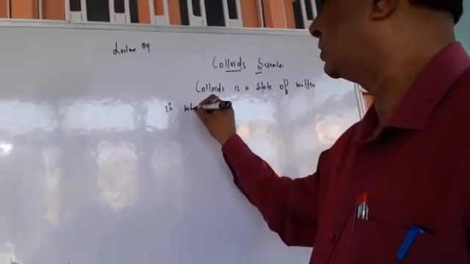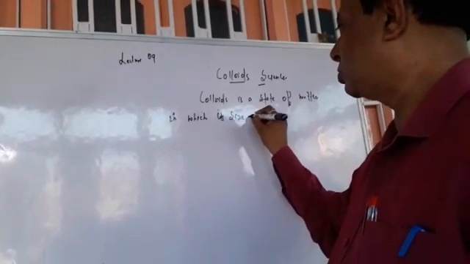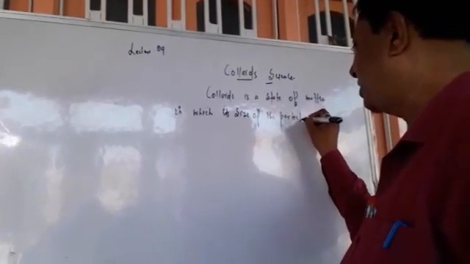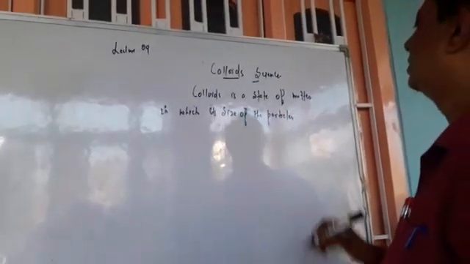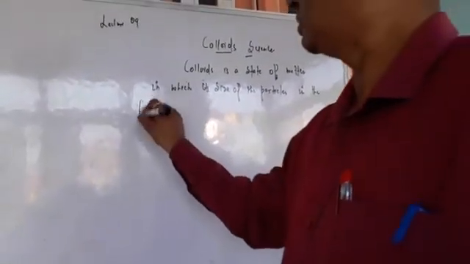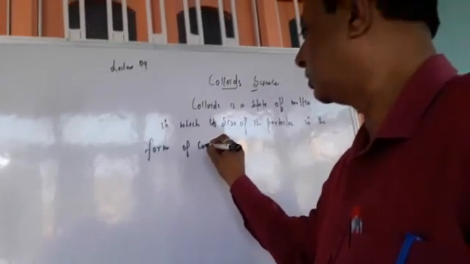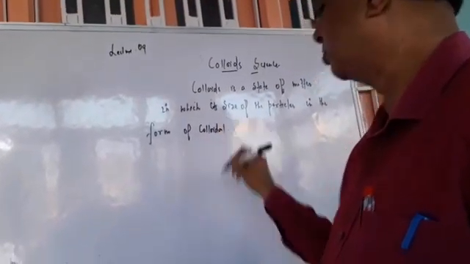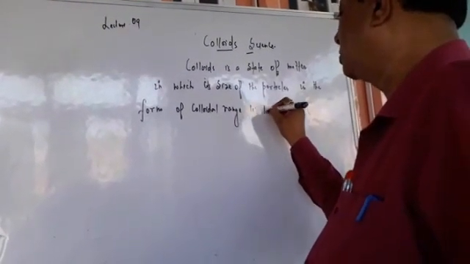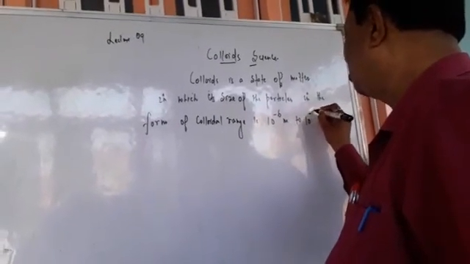Colloid is a state of matter in which the size of the particles is in the colloidal range, that is 10 to the power minus 6 meter to 10 to the power minus 9 meter.